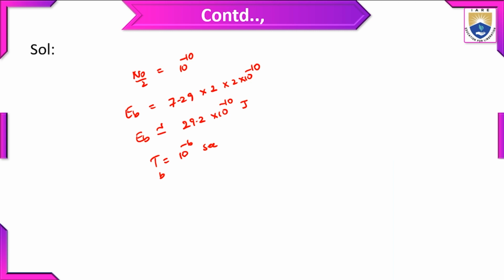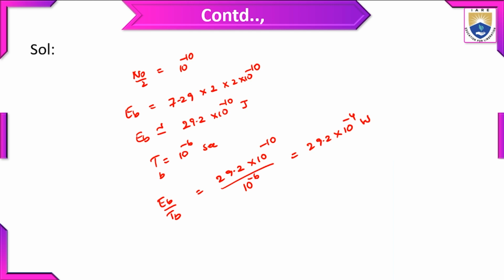Now the average transmitted power is Eb by Tb, that is equal to 29.2 into 10 power of minus 10 divided by 10 to the power of minus 6. So what you got is 29.2 into 10 power minus 4 watts. So here we maintain the probability of error as 10 to the power of minus 4 only.